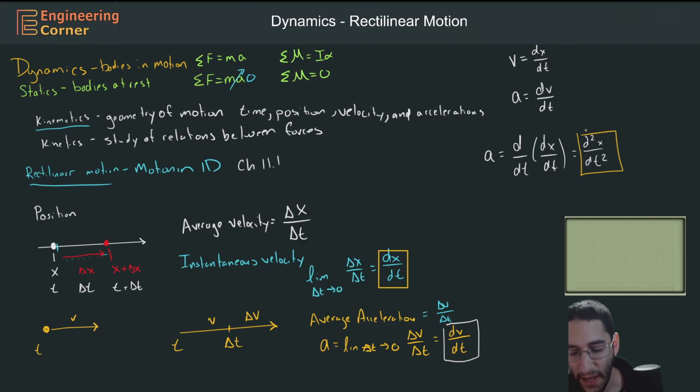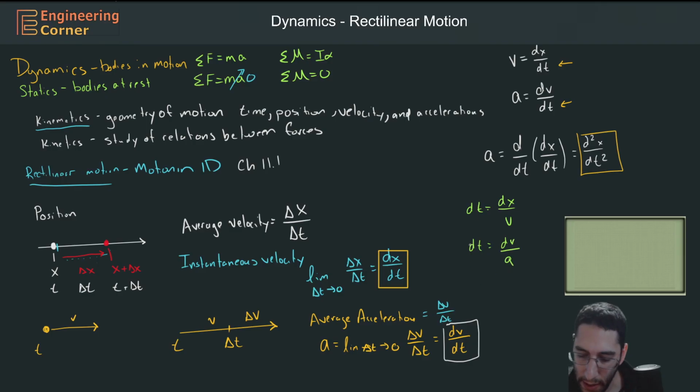The other equation that we will use more often comes from solving both of these equations for dt. So we'll have that dt is equal to dx over v, and that dt is equal to dv over a.